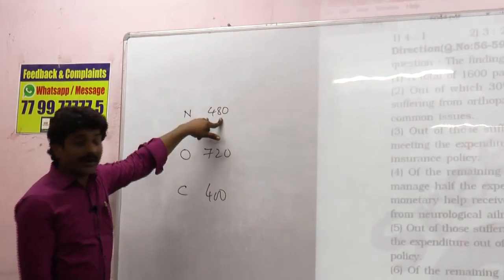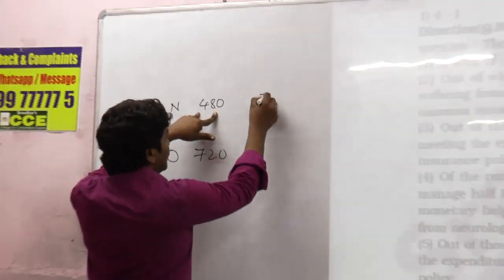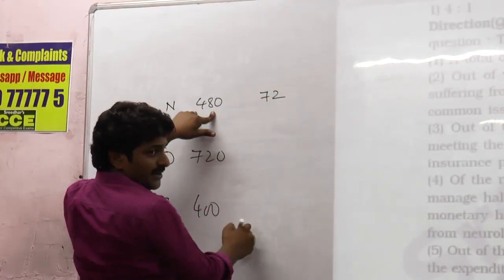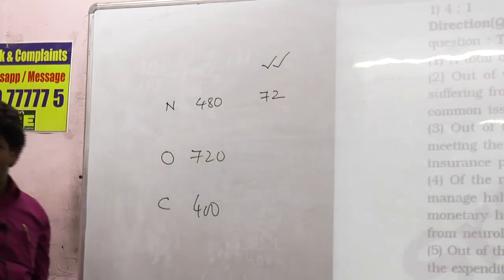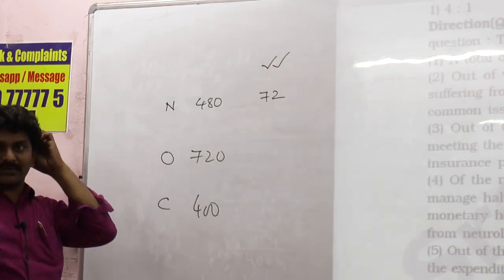Third point. Out of those suffering from neurological ailments, 480, 15% had no issues in meeting the expenditure. 15%, 10% is 48, half is 24, 48 plus 24, 72. So these 72 persons have no issue for their expenditure.